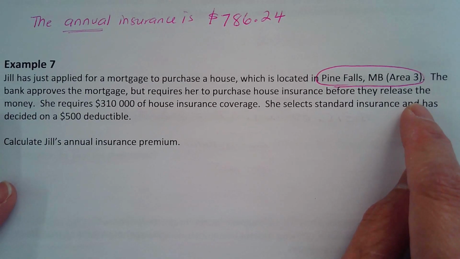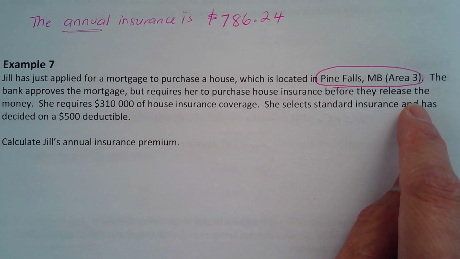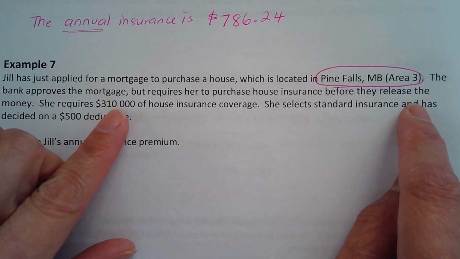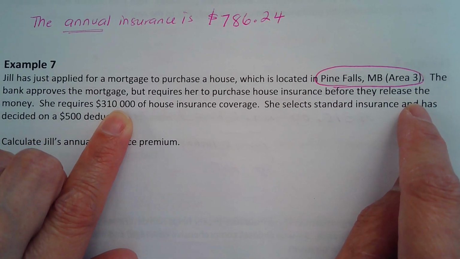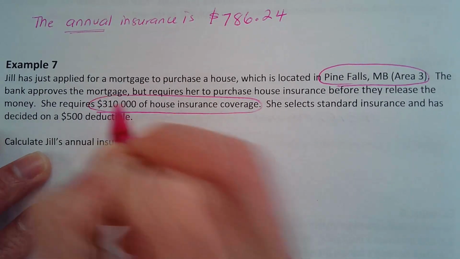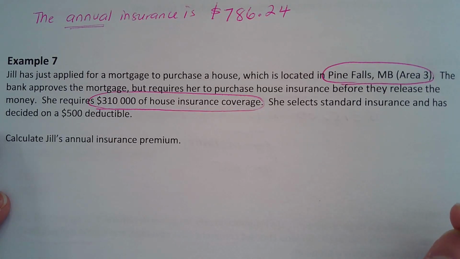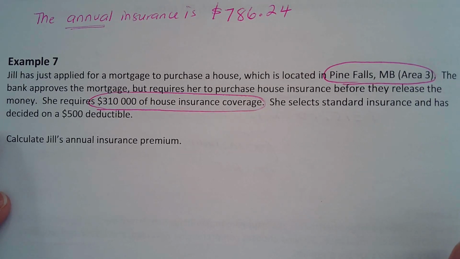Now, the bank approves a mortgage but requires her to purchase house insurance before they release the money. She requires $310,000 of house insurance. Is that important? Yes, because that's a house coverage. We're gonna highlight that or underline that. And then she selects standard insurance with a deductible of $500.